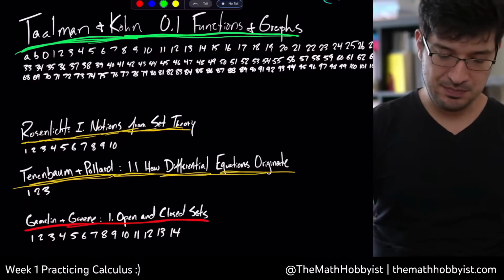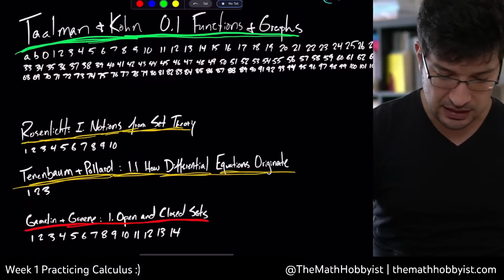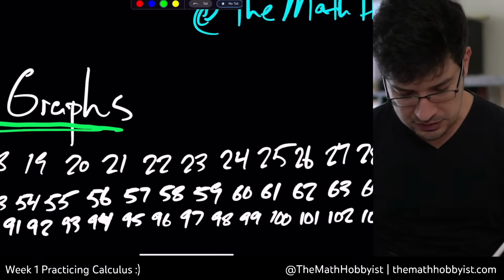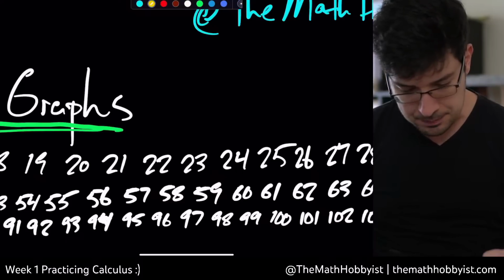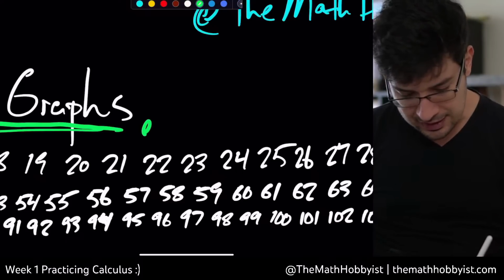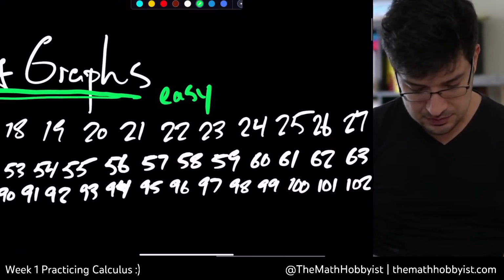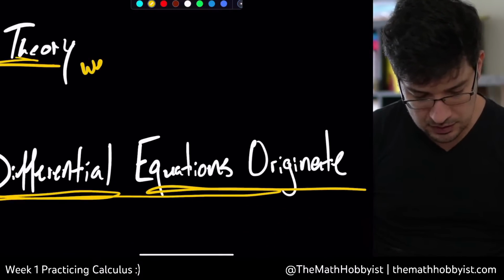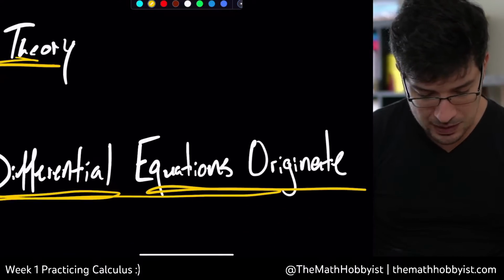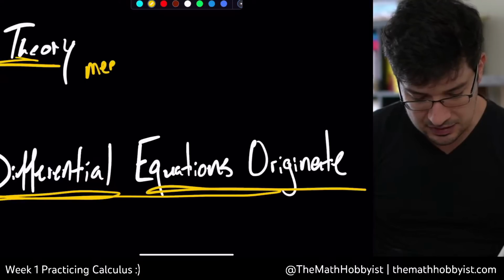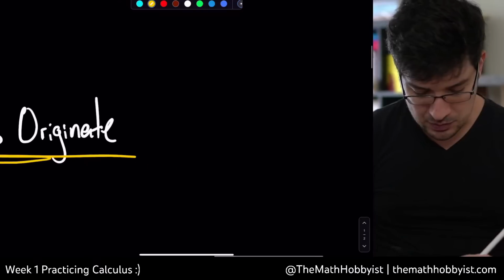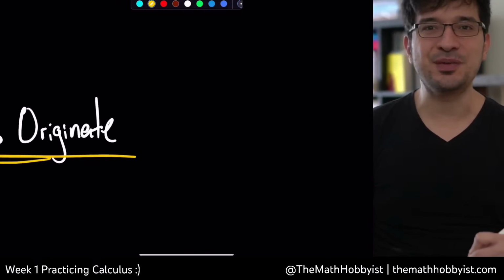My notation here, if you haven't been watching the linear algebra series, that's where I introduced this. This is a very American, or Western at least, bias, that red is hard, green is easy.